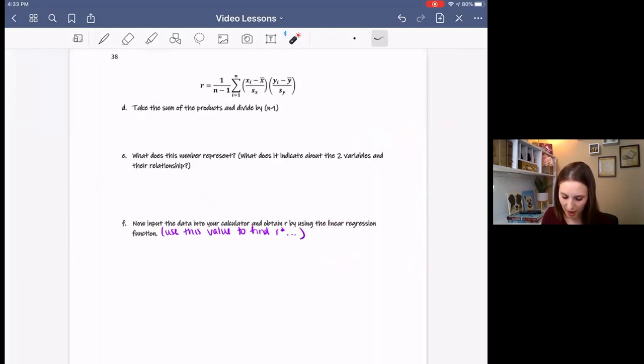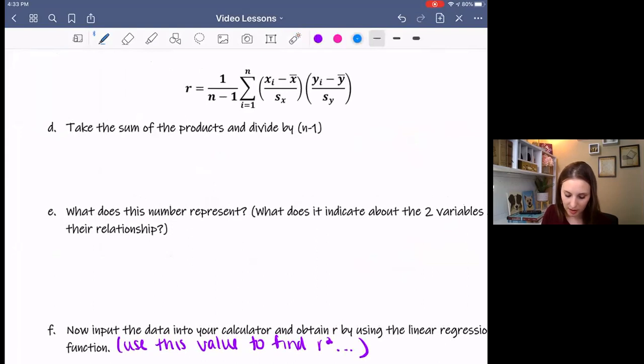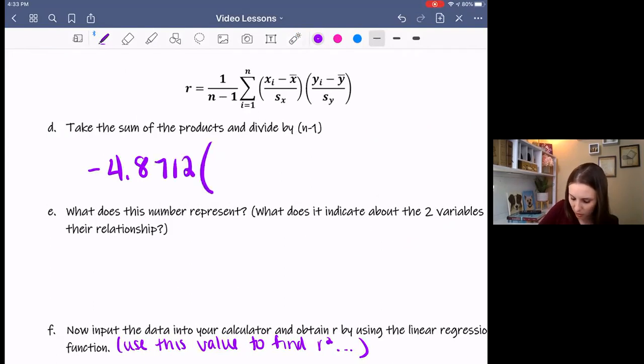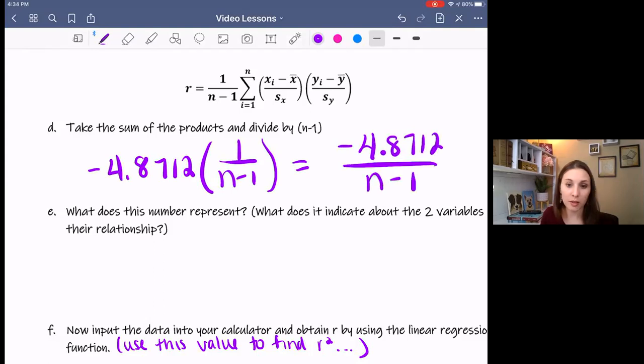In the next step, we're going to take that sum and multiply it by 1 over n minus 1, which is actually just dividing by n minus 1. So negative 4.8712 times 1 over n minus 1 means the same thing as dividing by n minus 1.